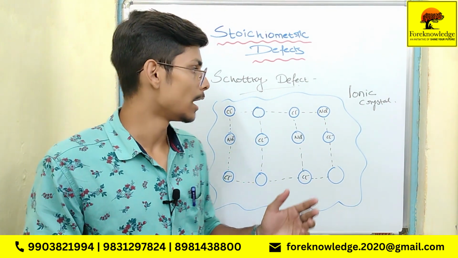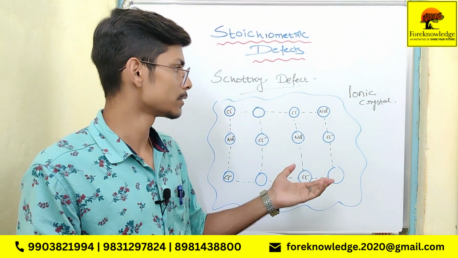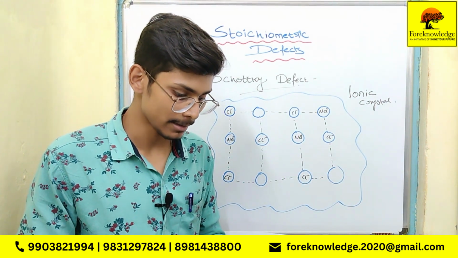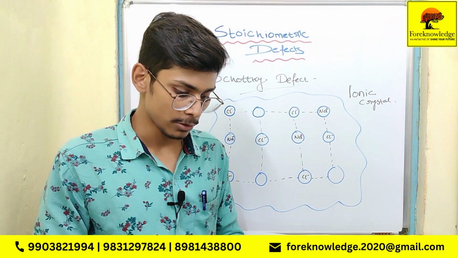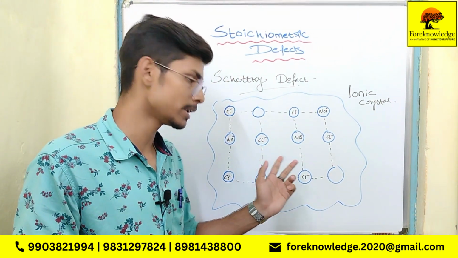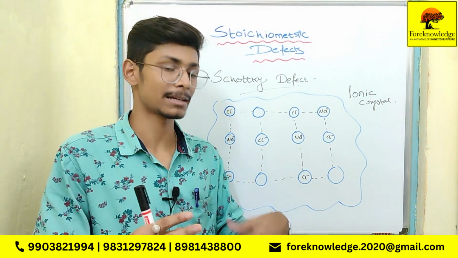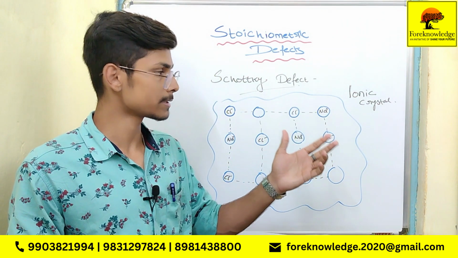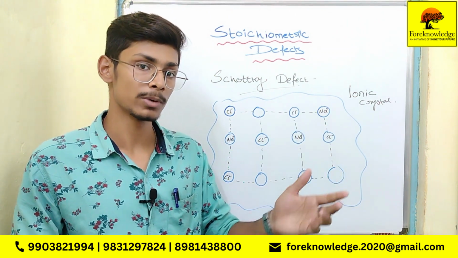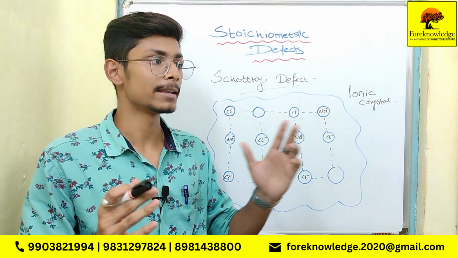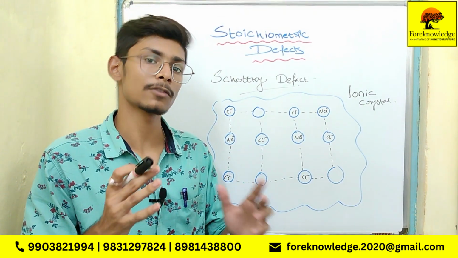It is generally observed in crystal structures that possess a high coordination number. It means it is basically observed in such crystals which have a high coordination number, and the positive and negative ions do not differ much in size. Like you can see, sodium and chlorine ions don't differ much in size. So this type of Schottky defect occurs in such compounds in which there is a high coordination number and very little difference in the size of cation and anion.